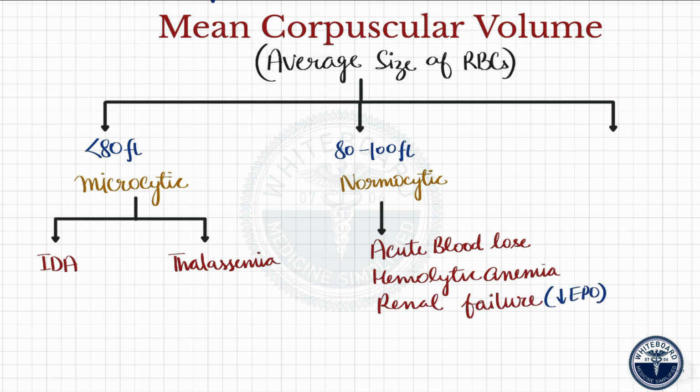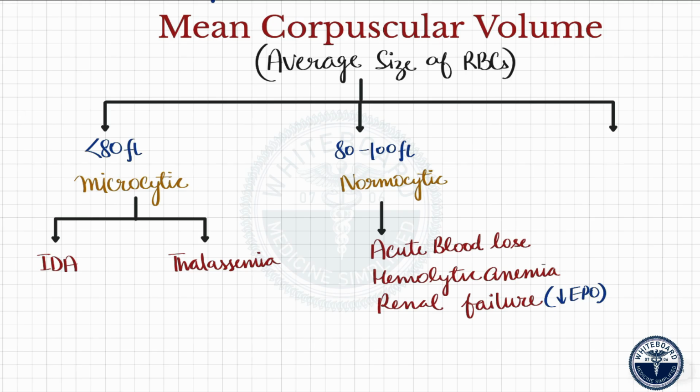In acute blood loss, when a large amount of blood is lost suddenly, the body doesn't have time to produce new red blood cells. So the cells that remain in the circulation are normal in size but fewer in number. Similarly, in hemolytic anemia, red blood cells are destroyed faster than they can be replaced. But the ones still present are normal sized because the bone marrow continues to produce normal cells, just not enough of them.